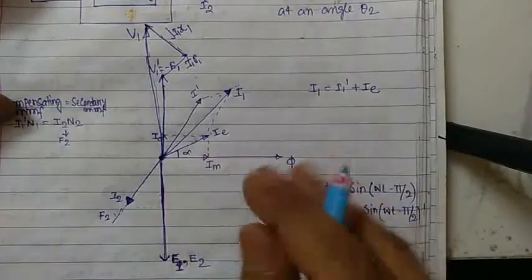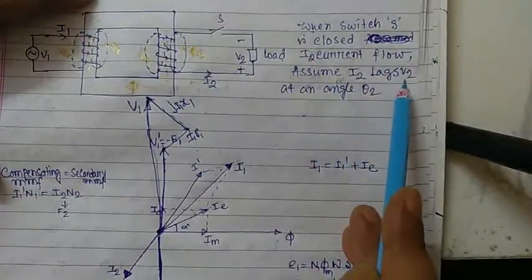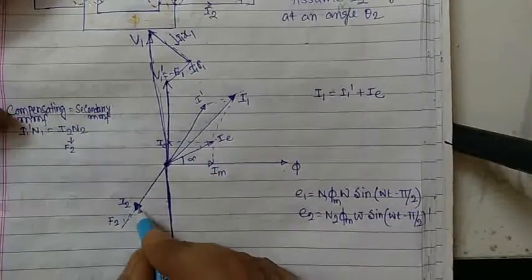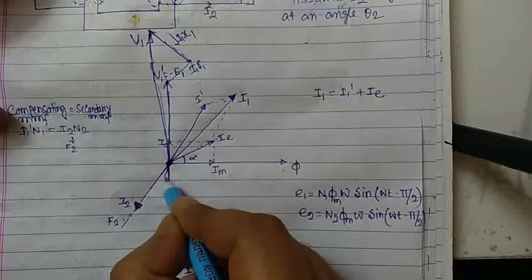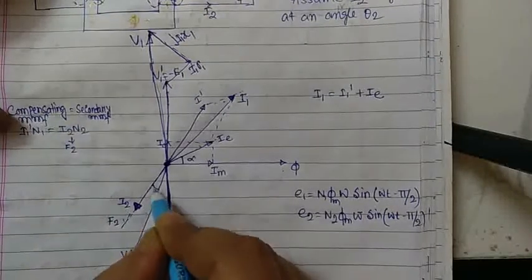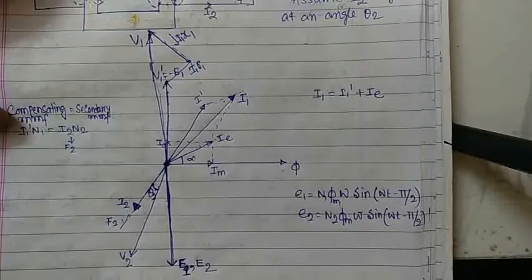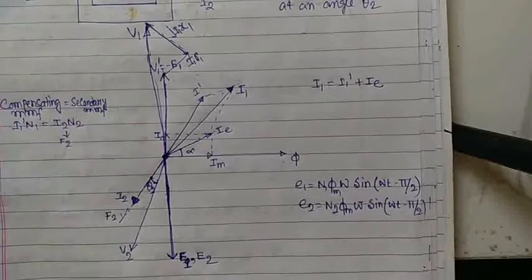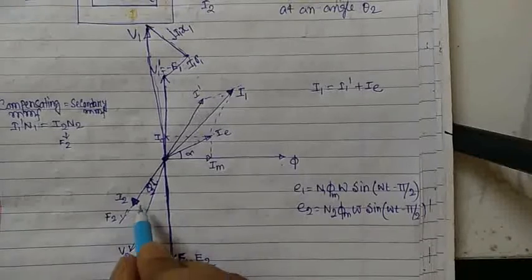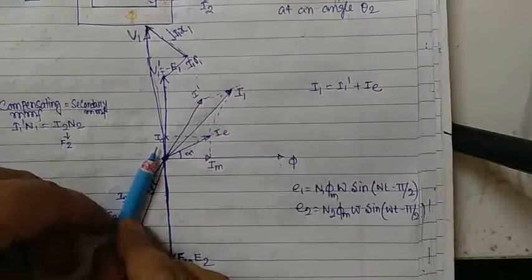Now as we assume that the current I2 lags V2 at an angle theta 2, suppose I2 lags V2 at this angle, theta 2. Similarly, the secondary side has the resistive drop I2 R2, parallel to I2.